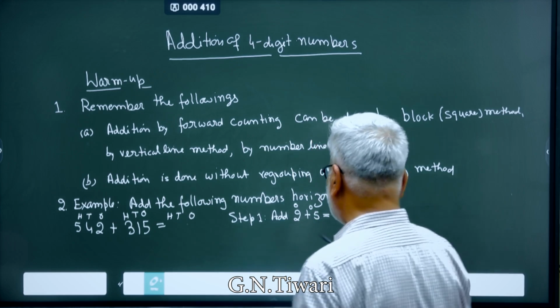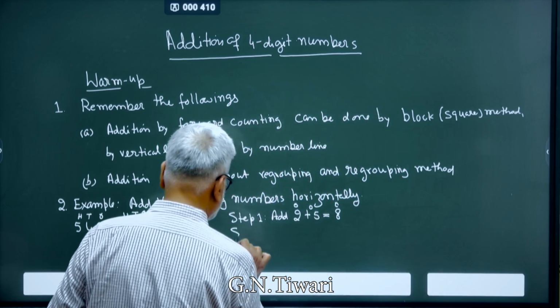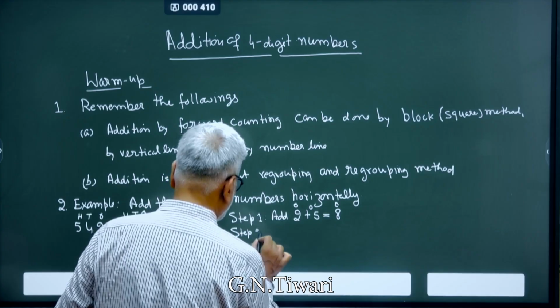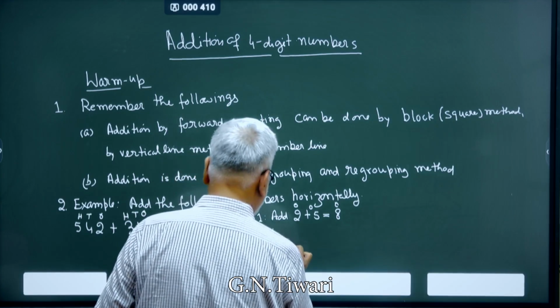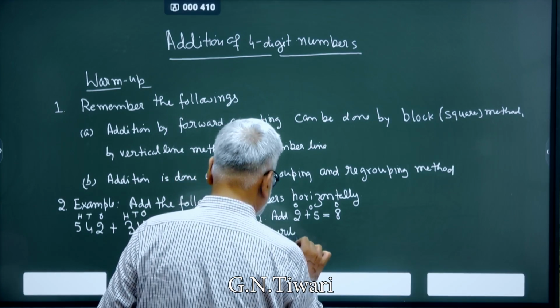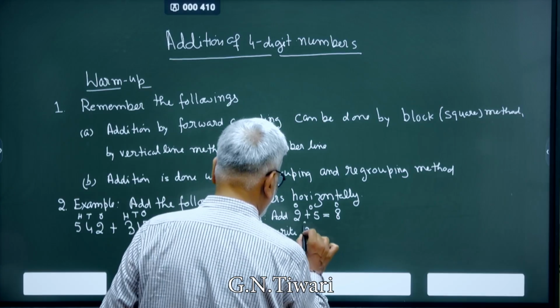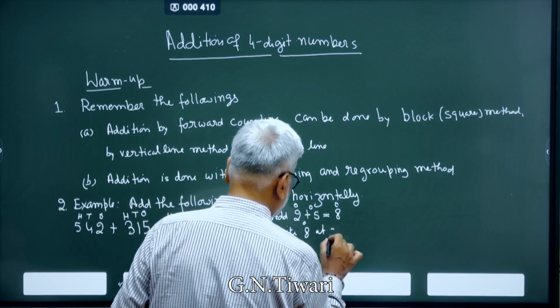Then what is the second step? Step 2. Write 7 O at the appropriate place.